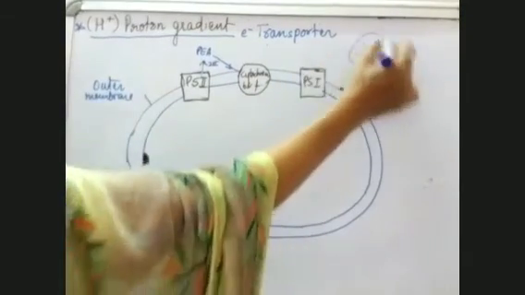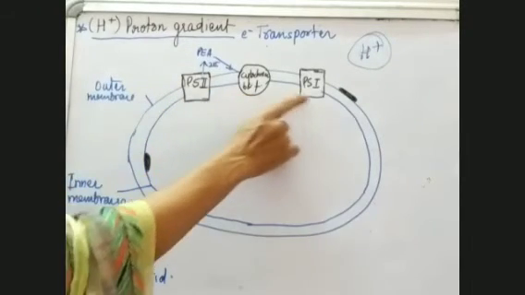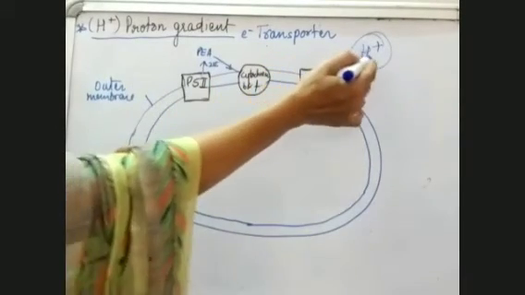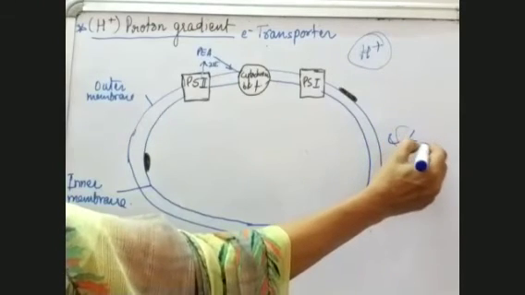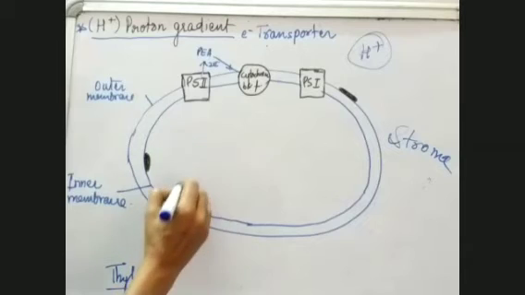And from where this proton comes, which carries that excited electron from cytochrome to PS1? That proton comes from the stroma. This is stroma. Outside thylakoid is stroma. This is thylakoid, as you know.